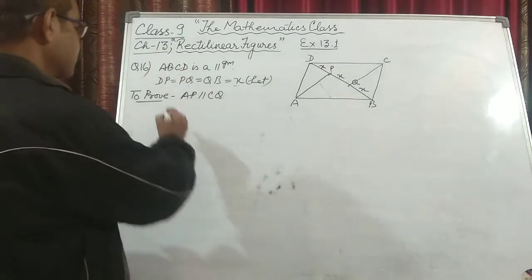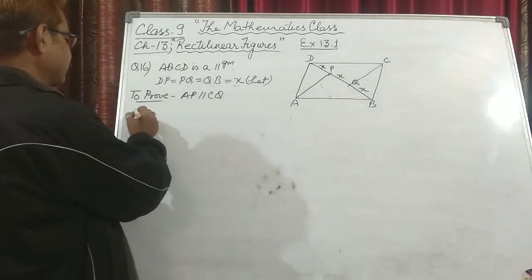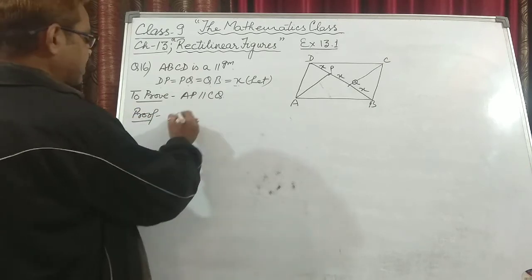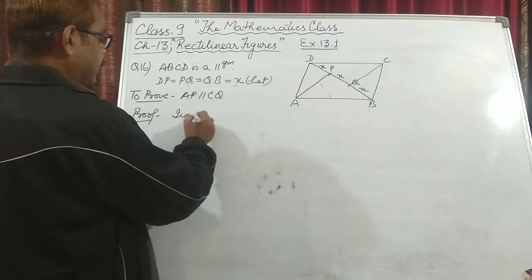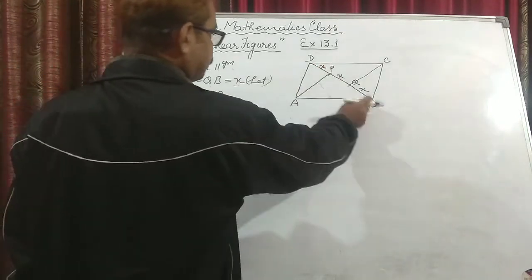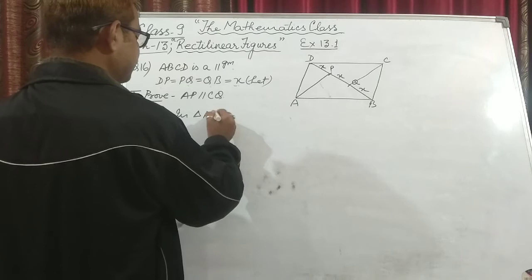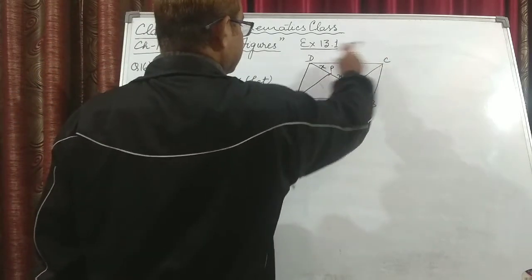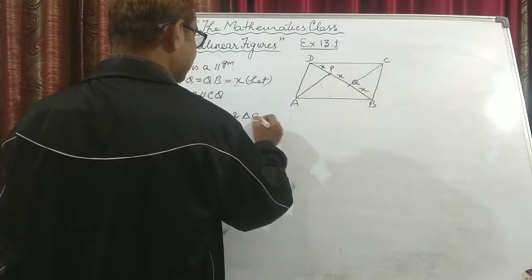Let's see what we'll do. First of all, we will write the proof. In the proof, we will try to take 2 triangles. So in triangle APB and triangle CDQ.